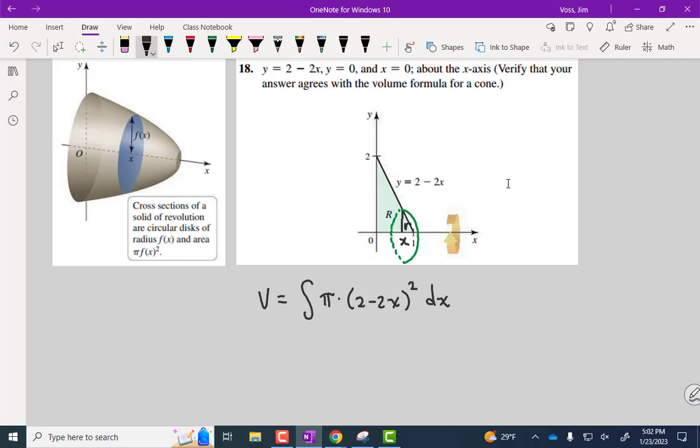They give us our limits of integration here. They tell us that that point is 1 and that point is 0. So this will be our volume. Does everybody see it? Pi r squared.